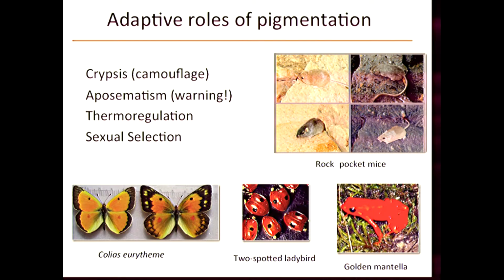It's an evolutionarily interesting example because the difference between these lightly pigmented mice, which blend in with the brown sandy environment, and the darkly pigmented mice, which blend in with these dark habitats, has evolved in only about 10,000 years since these lava flows occurred, which created the black substrate. So it's a more recent change that can be investigated. We can actually, in the lab, cross together the light mice and the dark mice. This allows us to look at how those colors are passed on to their children. That tells us something about what's controlling them genetically, and it makes it a very tractable system.